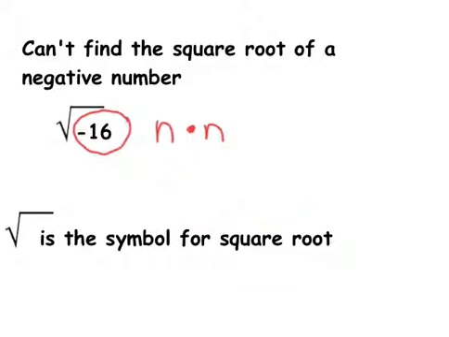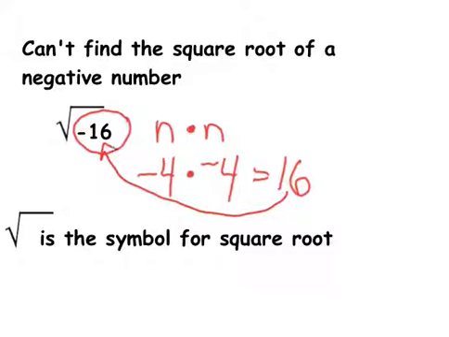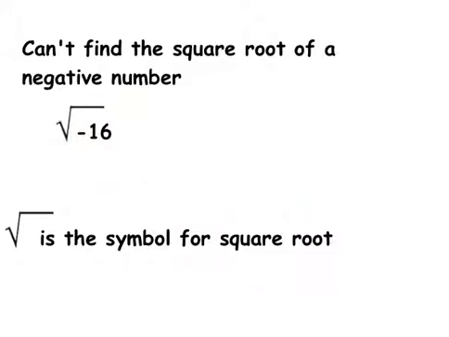Well, what if I was thinking negative 4 times negative 4? Well, what does 2 negatives equal? They actually equal a positive 16. I still can't get that number. So my answer to that, there is none. You can never have an answer to a negative square root. You cannot do it.